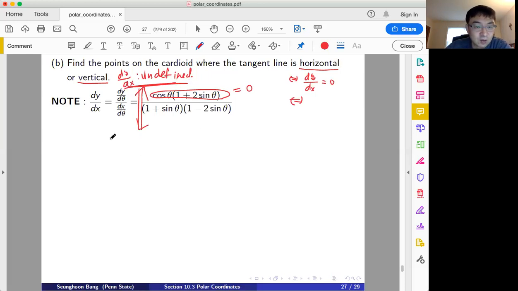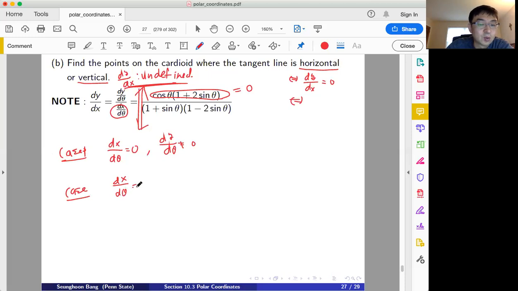Undefined is right. Only the bottom one. Here dx over d theta equal to 0, but dy over d theta, the numerator, is non-zero. This is case 1. Do you know one more case? The second case is here.